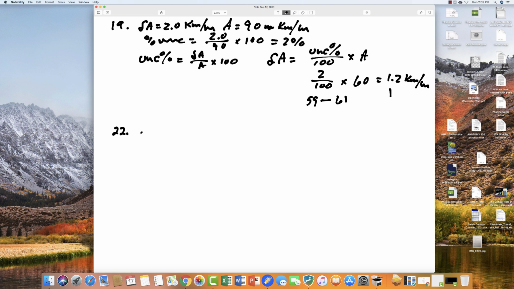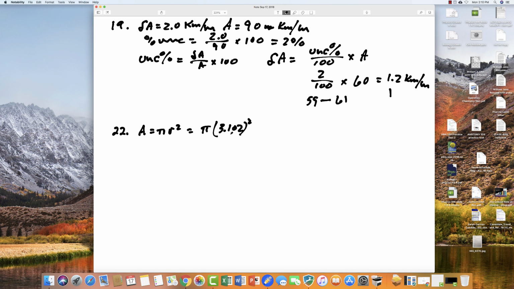So, area is equal to pi r squared, which is equal to pi. Now, pi can be done out to as many decimals as you want, so it never controls how many significant figures there are. And then your 3.102 is squared. And remember, that's just like saying 3.102 times 3.102.